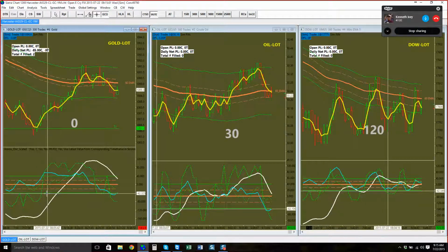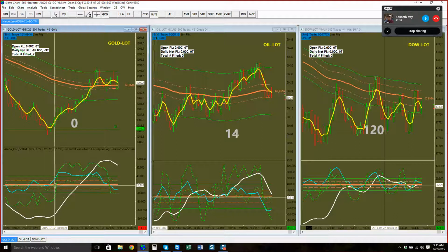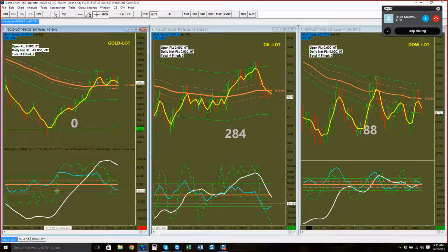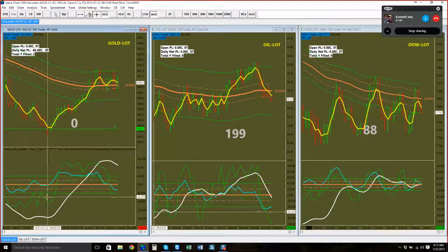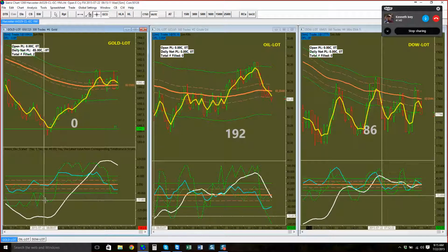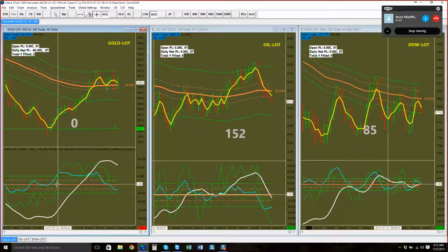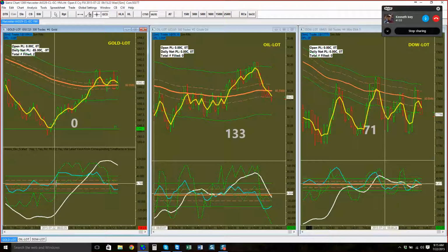But the volume zone oscillator is not the only helper that we have. We've also recruited the AIO-29 oscillator, and the AIO-29 oscillator is this dotted green line. When the AIO-29 oscillator also crosses above the zero with the volume zone oscillator, you have absolute confidence that you can take that on the correct side of the market so that it doesn't go against you.